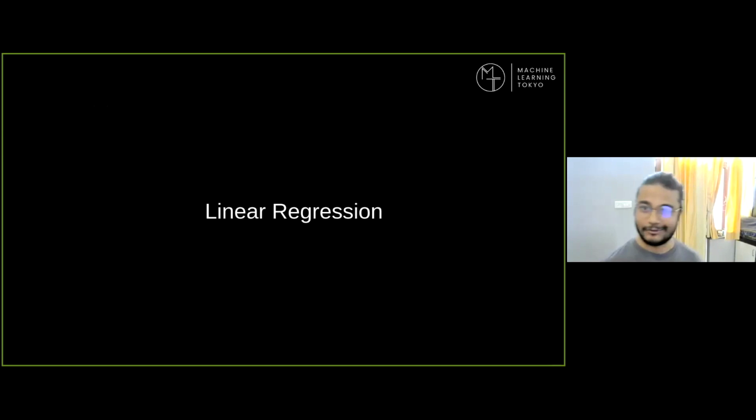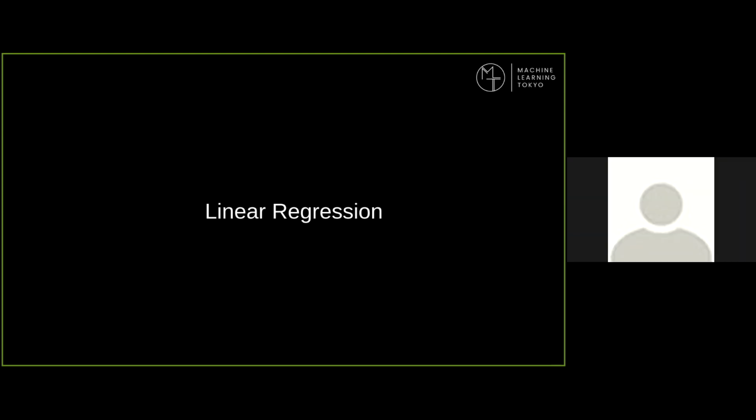let's do something concrete, right? One of the most basic algorithms that we all learn when we first get into machine learning is linear regression. But in this section, I try to do something different and connect it with neural networks, which I believe is going to be fun.